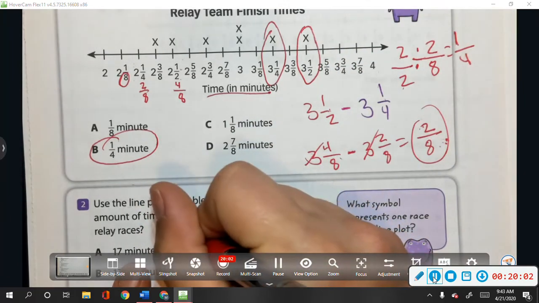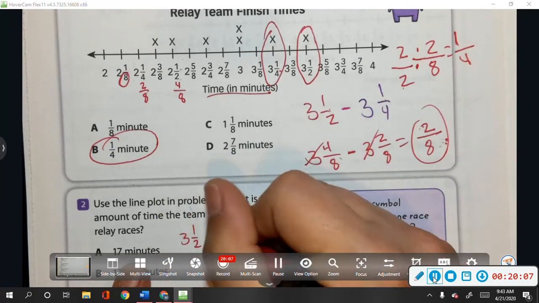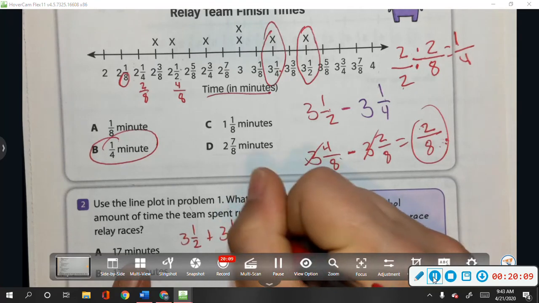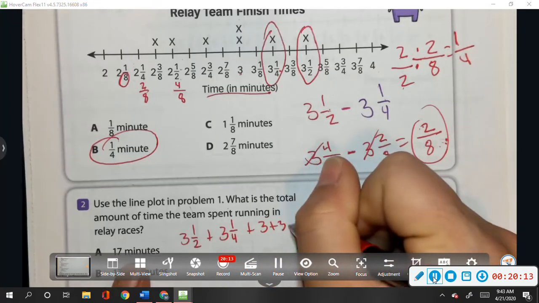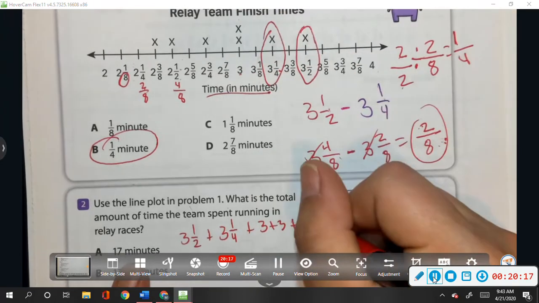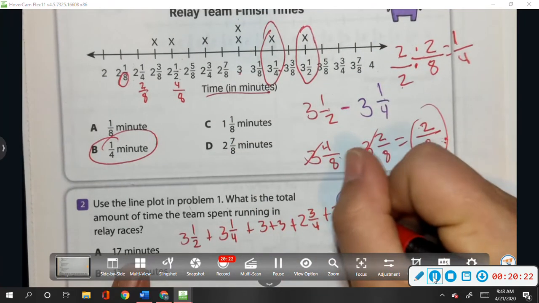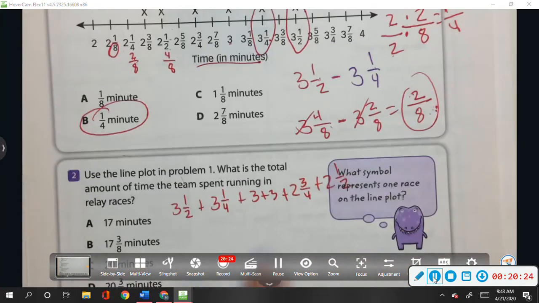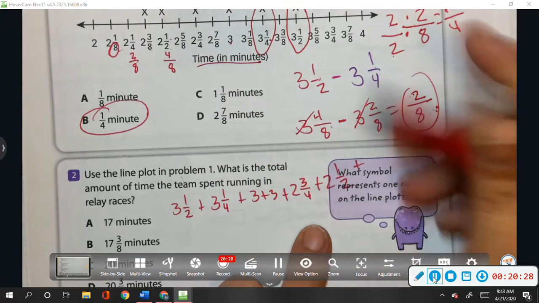So we have 3.5 plus we had 1 at 3/4, plus we had 2 that were 3 minutes. We had 1 that was 2 3/4, 1 that was 2.5, and then 2 3/8.